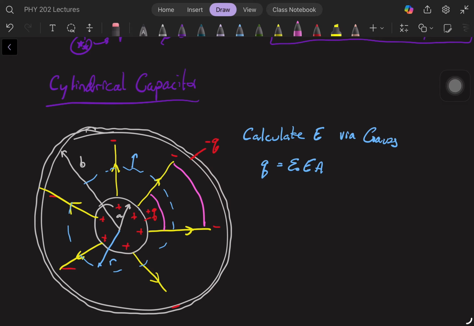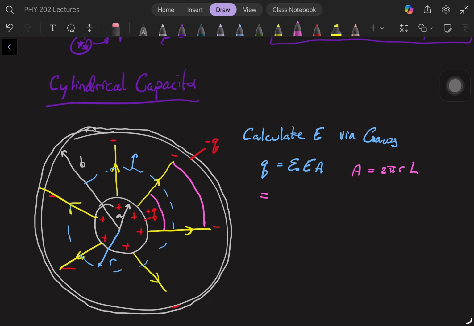Okay, and so let's see, what's the area going to be? We're imagining a cylinder that's going in and out of the screen with a radius R. So we have 2 pi R, and then just times whatever the length is going to be. All right, some arbitrary length going in and out of the screen.